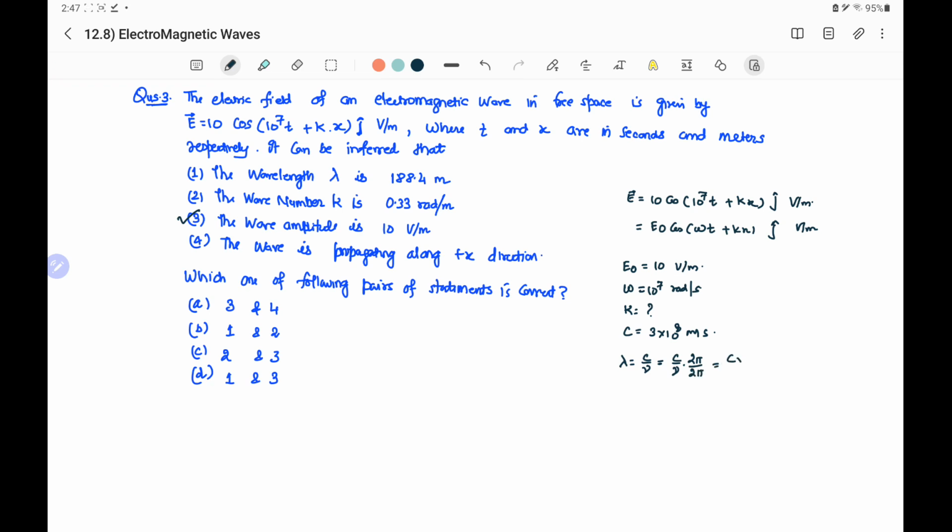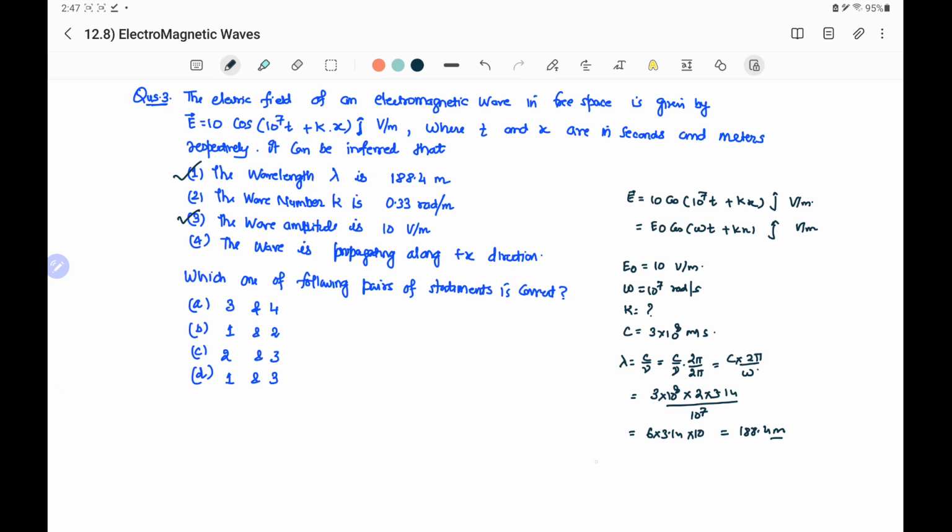So it will be c into 2 pi divided by omega. Replacing the values, 3 into 10 to the power 8 for c, into 2 into 3.14, and omega is 10 to the power 7. So it will be 6 into 3.14 into 10, which is 188.4 meter. So option 1 is also correct.